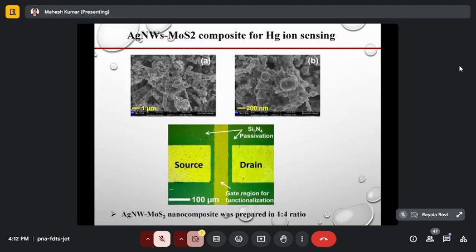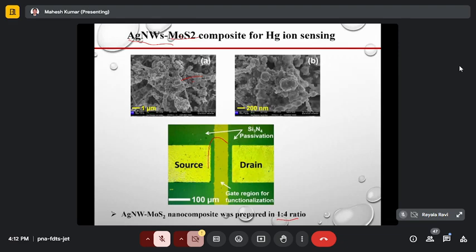Another thing, we thought, if conductivity is improving, it is better to use some external conducting material. So we have used silver nanowires and MoS2, and we have mixed both. Here you can see we have taken an optimized ratio: silver nanowires 1 and MoS2 4, where we are getting the maximum sensing response.